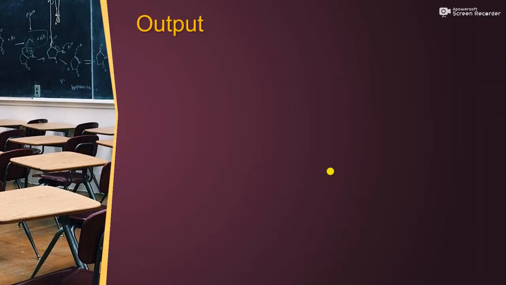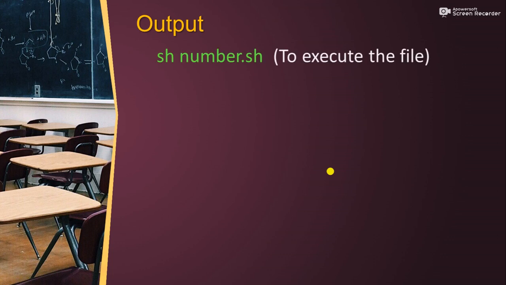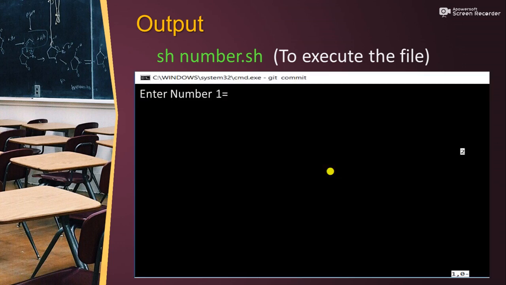To see the final output, we have to execute this file. The command will be sh space filename dot sh. In this script our file name is number, so our command will be sh space number dot sh, and our output will be "enter number 1".